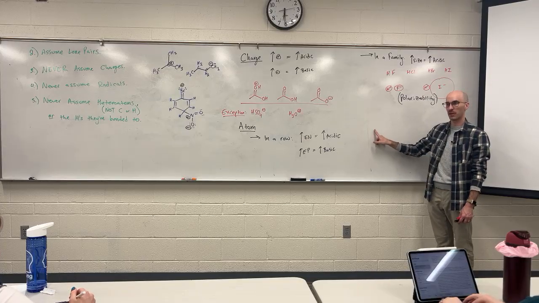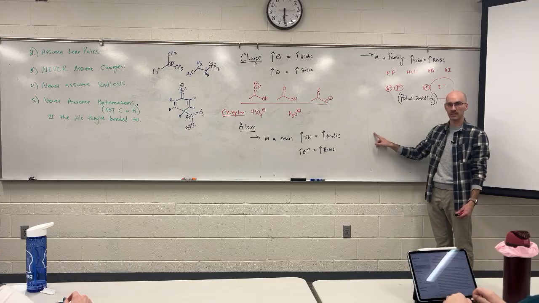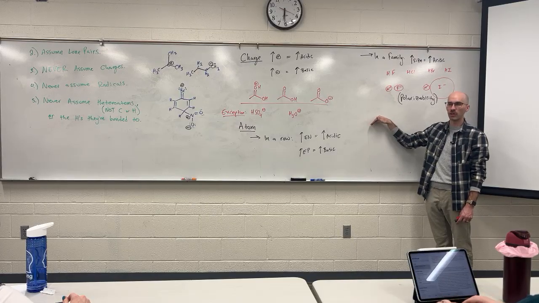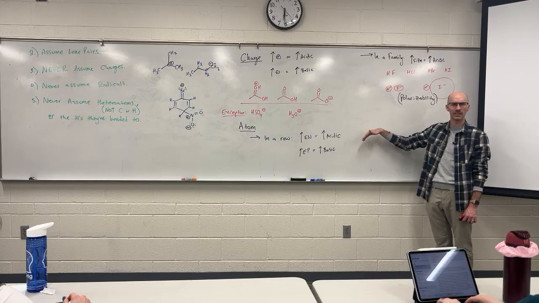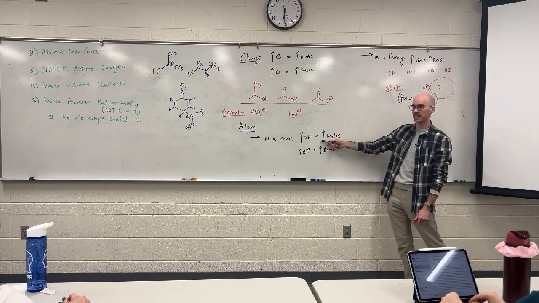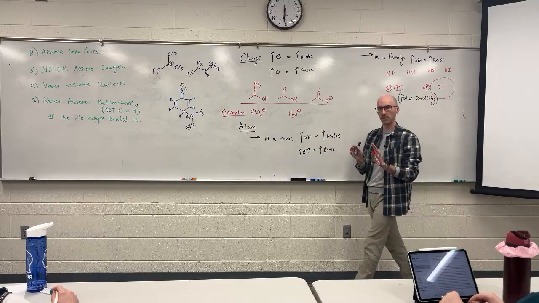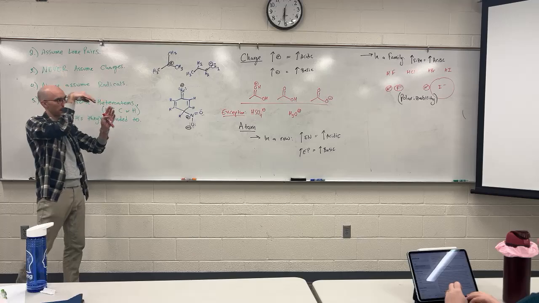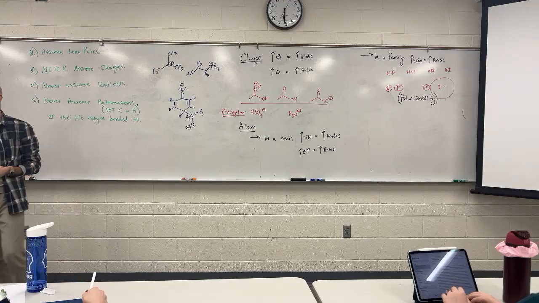Whatever is further to the right and lower is going to win. But if you compare it opposite, it gets a little more confusing because you get less electronegative and larger, and it's just kind of weird. So a lot of times you'll see that this stays simple. Keep it in a row, keep it in a family, or have them compound together and move to the bottom right.